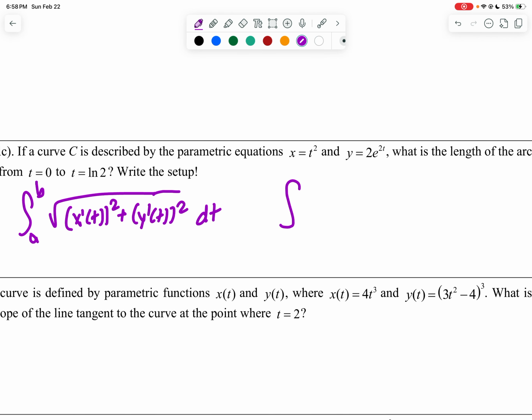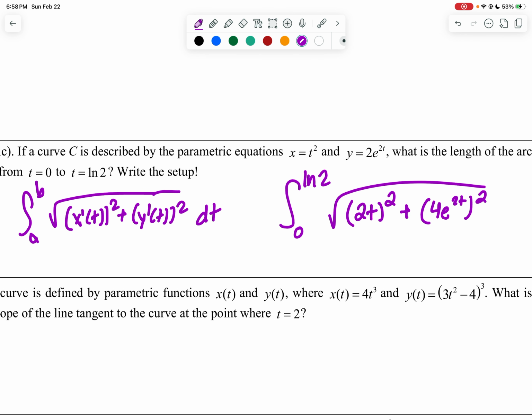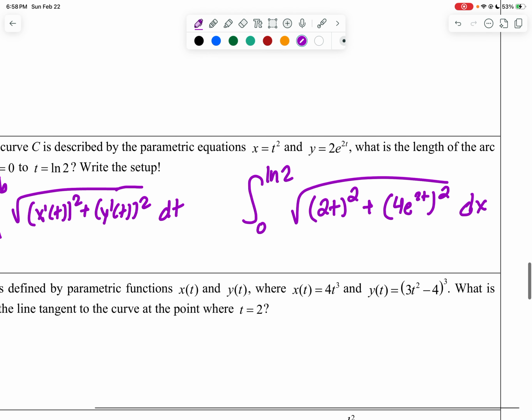So this is going to be from 0 to ln of 2. And then we know that the derivative of t squared is 2t. And then the derivative of 2e to the 2t is going to be 4e to the 2t, dt. And then put that into the calculator.